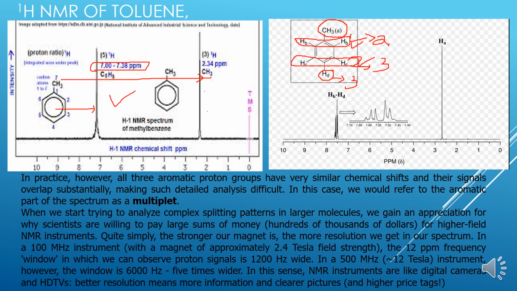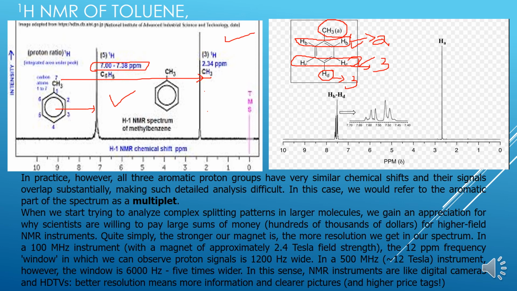In high resolution instruments like a 600 megahertz instrument, one could distinguish a doublet of Hb, a triplet of Hc, and a triplet of Hd. Otherwise, if your instrument is 100 megahertz, we only get two peaks in the figure.